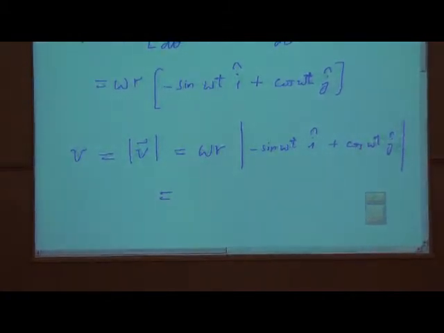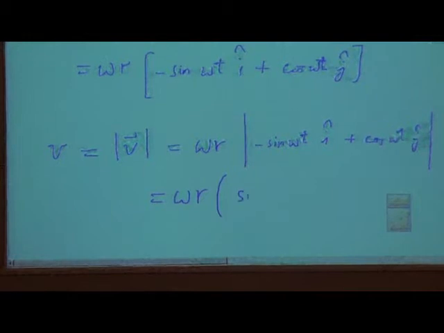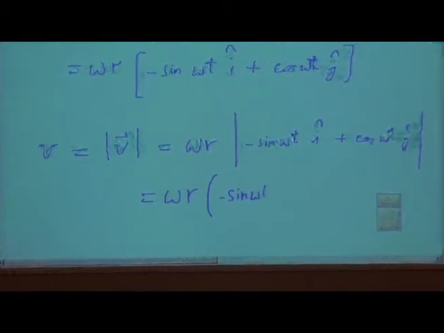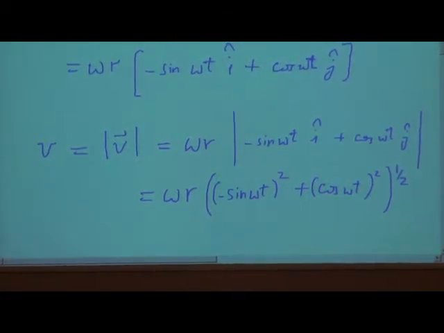The result is the constant in front, omega r, times minus sine omega t squared plus cos omega t squared, and take the square root of this. This is what length is.